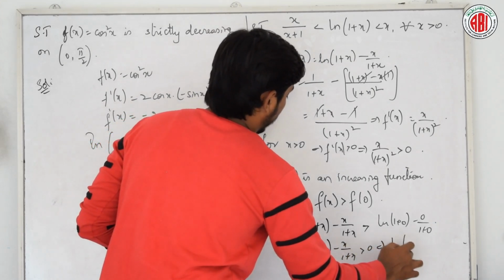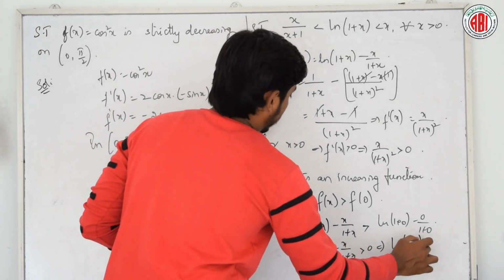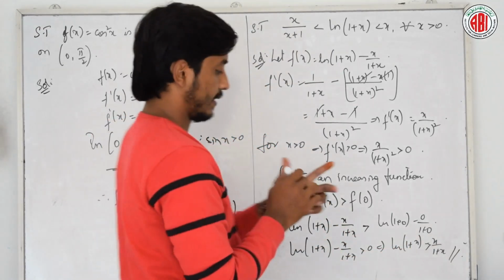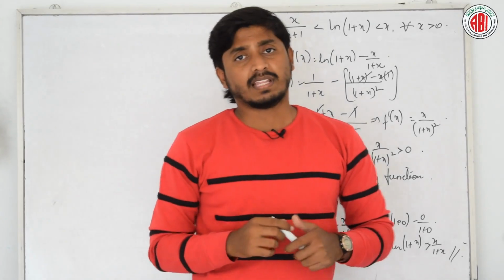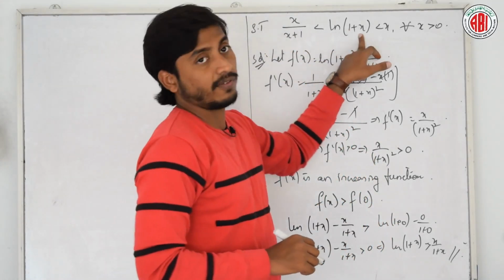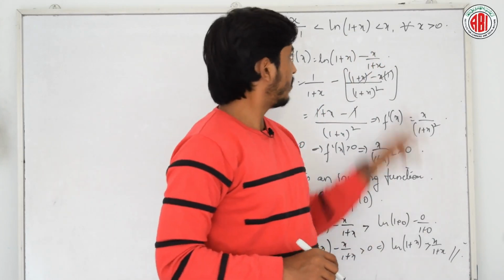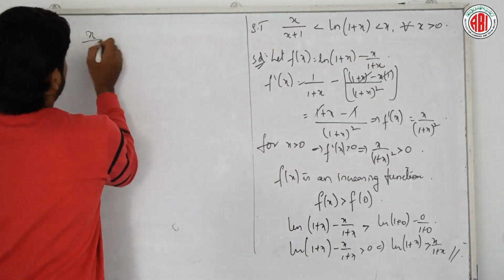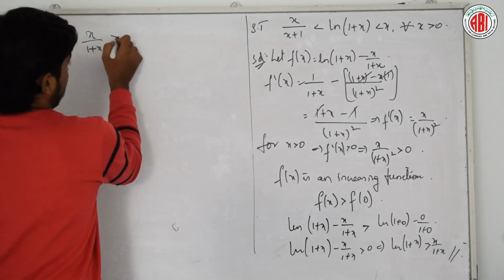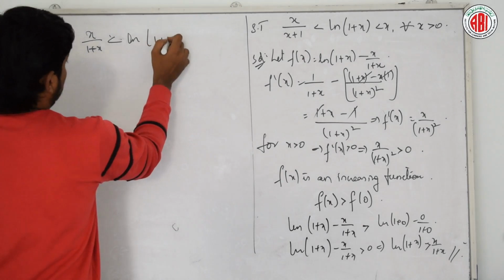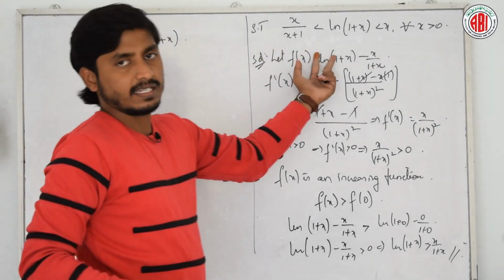From this I can write ln of 1 plus x is greater than x by 1 plus x. Clear? That is what they asked us to prove, right? x by 1 plus x is less than ln of 1 plus x. First condition is satisfied.